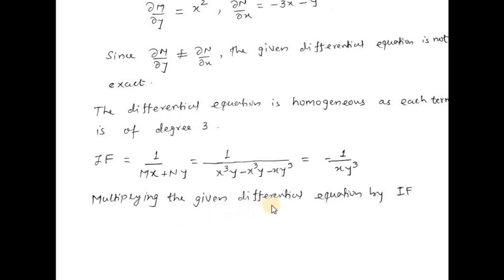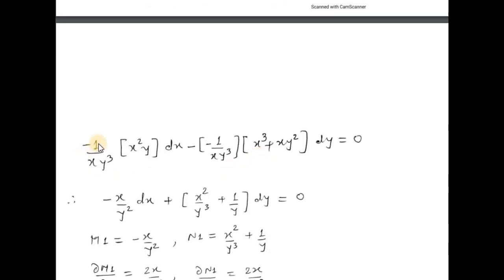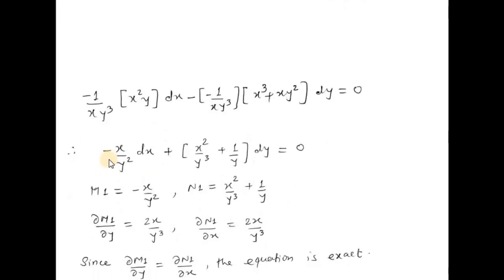So multiplying the given differential equation by integrating factor, we will get minus 1 divided by xy cube in bracket x square y dx minus in bracket minus 1 divided by xy cube in bracket x cube plus xy square dy equal to 0. Now if we simplify it, then it will be minus x divided by y square dx plus x square by y cube plus 1 divided by y dy equal to 0.